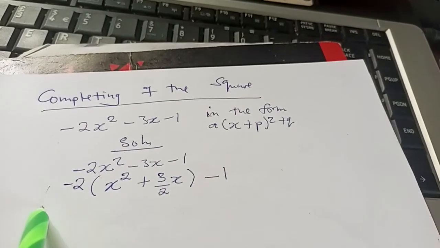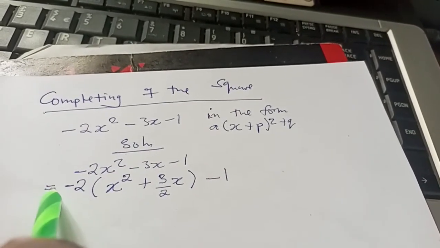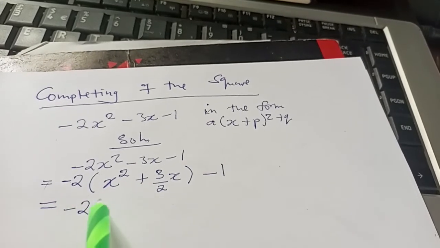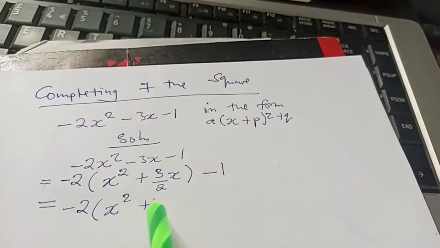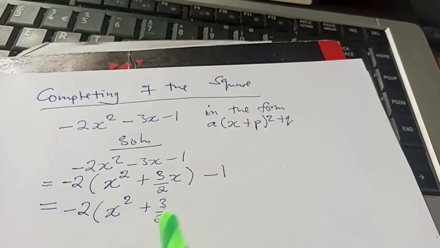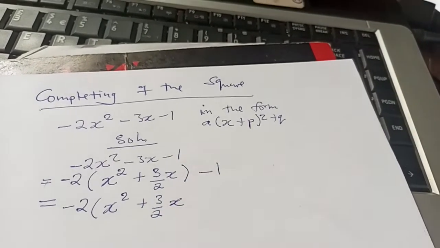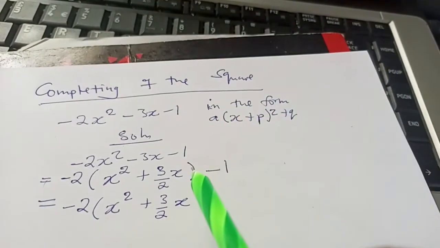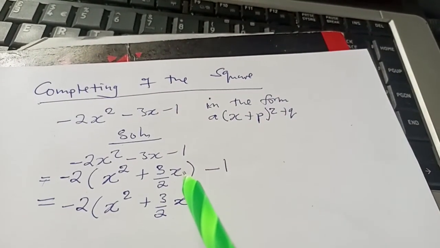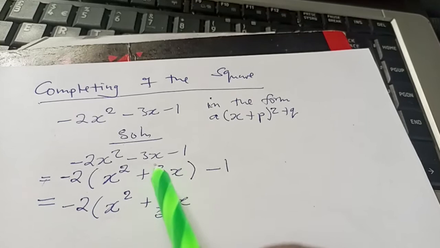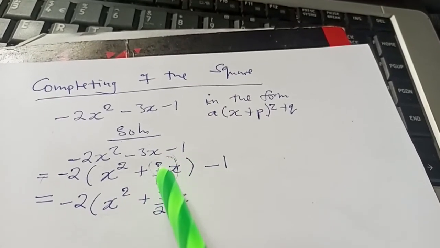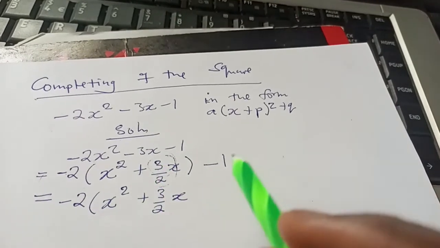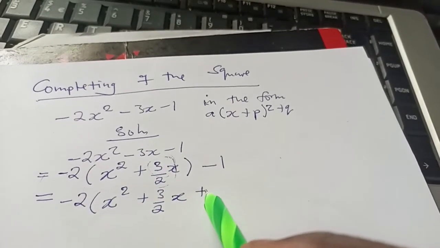So here we are going to say negative 2, x squared plus 3 over 2x. You find the half of this one. Find the half of this one. The half of this one is plus.